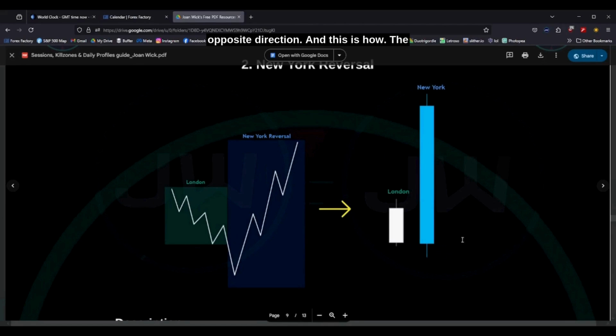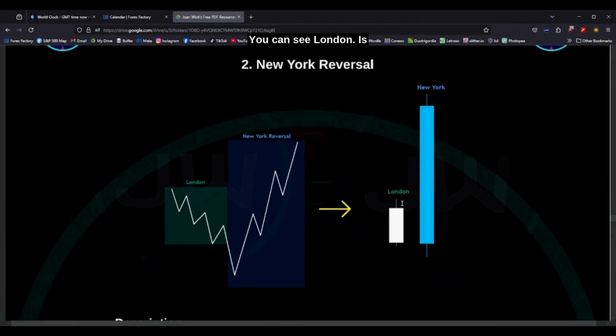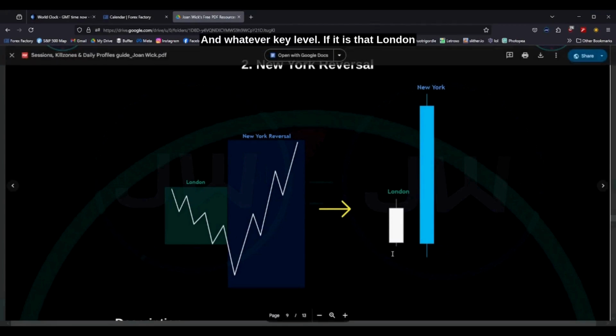And this is how the candles on the higher time frame would look. You can see London is a very small bearish candle leading up to New York, taking out London low and whatever key level, if it is that London low, and then reversing to continue in the opposite direction.